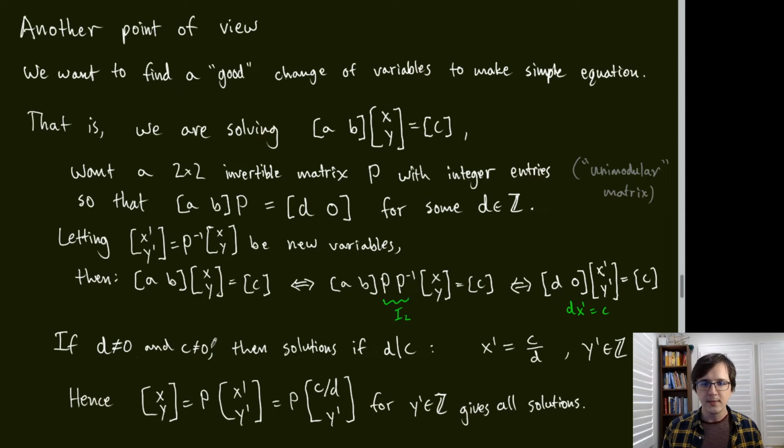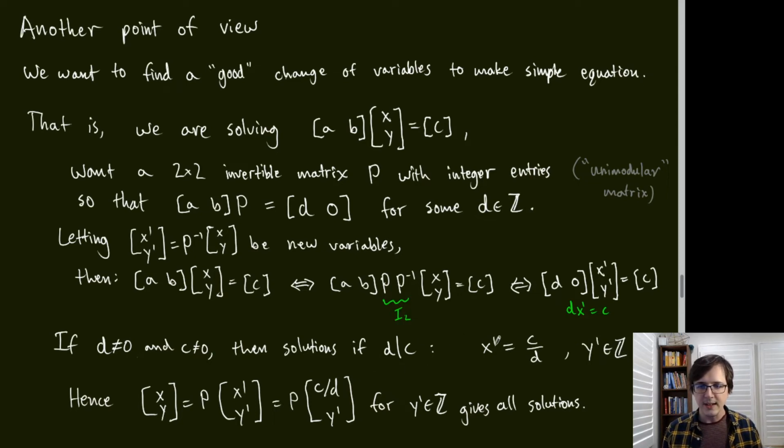So, for example, if after we find this matrix P, we see that D is non-zero, and let's also say that C is non-zero, then there are solutions if D divides C, and in particular, x prime must be C divided by D, and y prime is free.